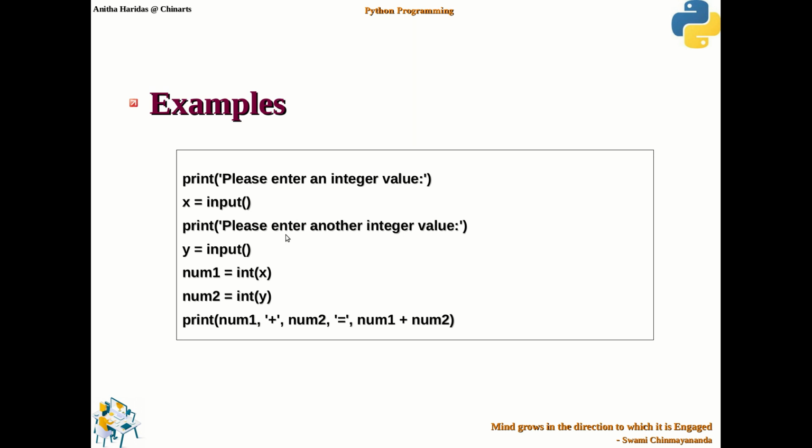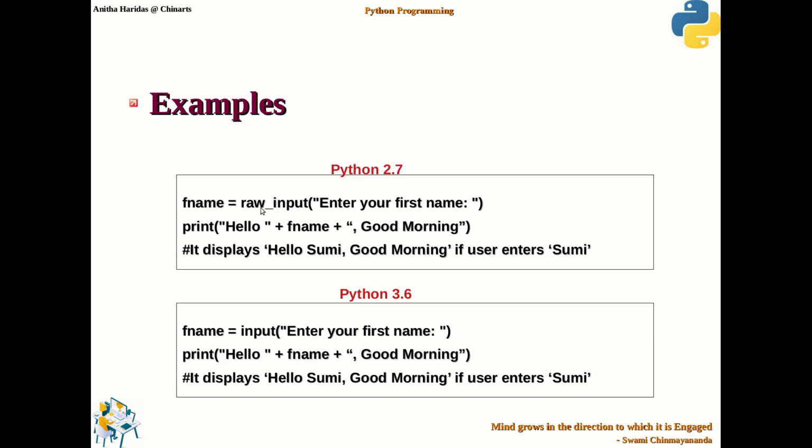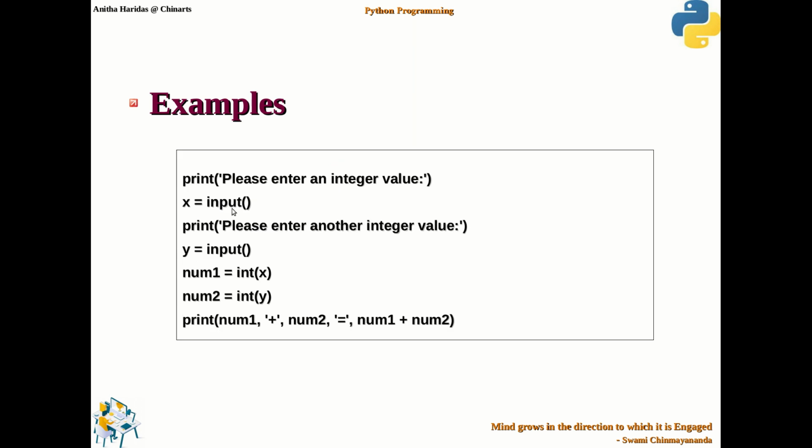So you can say please enter another integer value. Then y is equal to input. So here also you can observe I don't give any argument. And one very important point that you have to observe here, the input method and the raw_input method will always read the data in a string format.